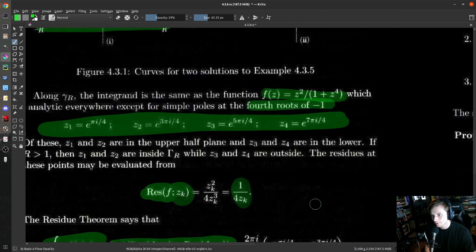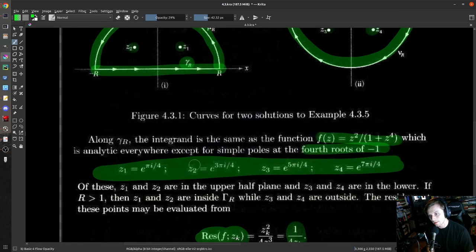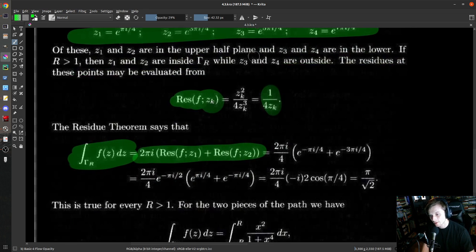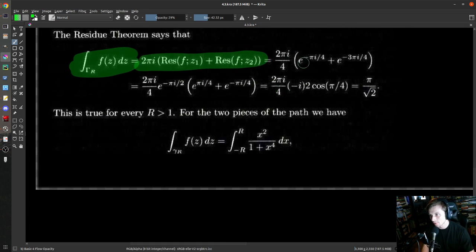Those two are z1 and z2, the first two roots of -1 up here. Now sum those up, do a little canceling, pull out an e to the minus pi i over 2, do a little bit of algebra, and you end up with pi over root 2.